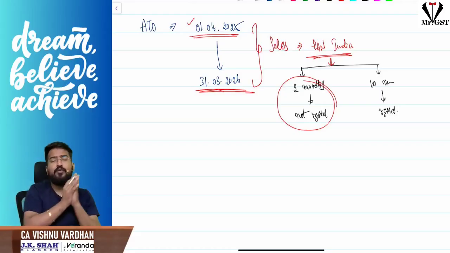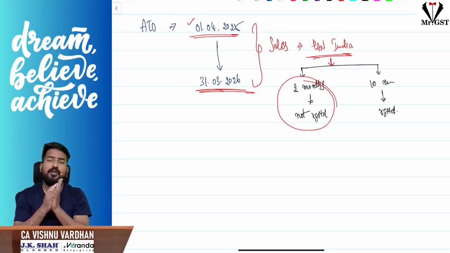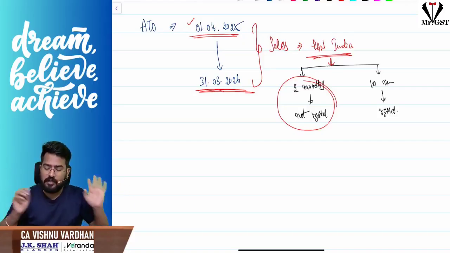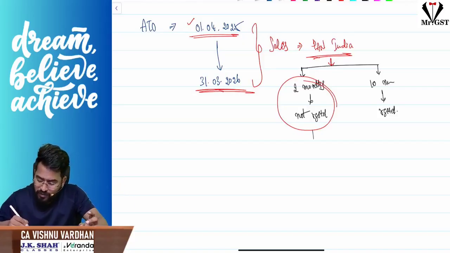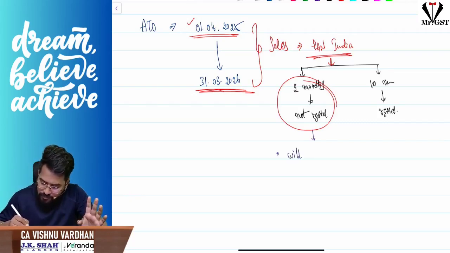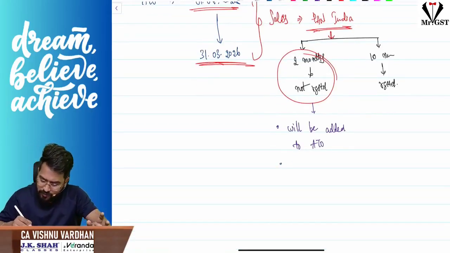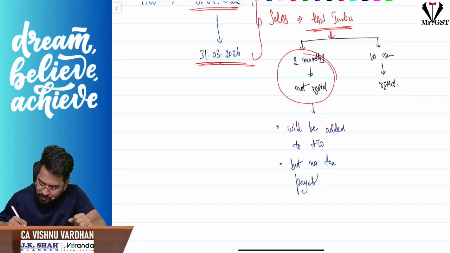During that period, how long you have been a taxable person, how long you have been a non-taxable person, whether you are registered or not, we will see aggregate turnover. Means we will see from 1st April to 31st March whatever you have done. Whatever turnover you have done as a not registered person will be added to the aggregate turnover, but no tax is payable.